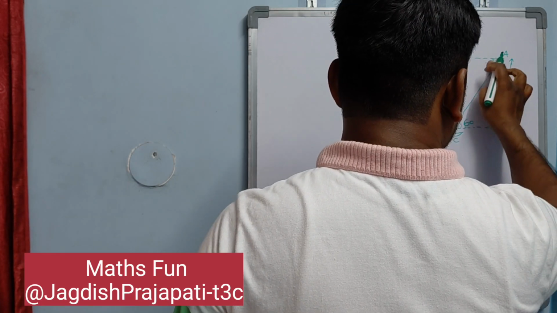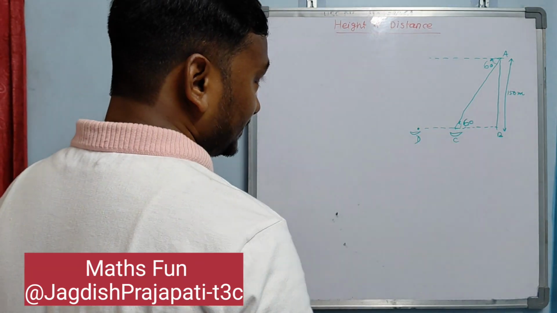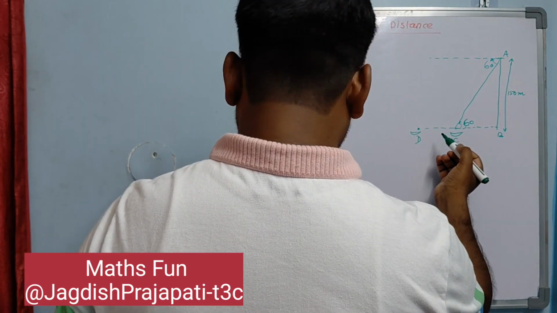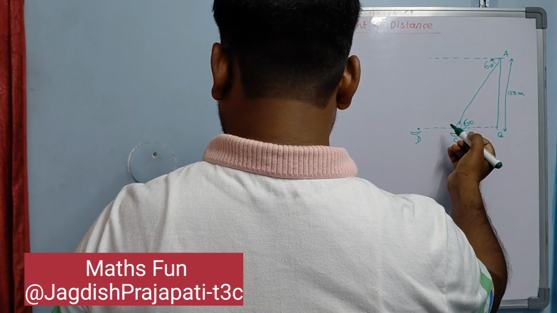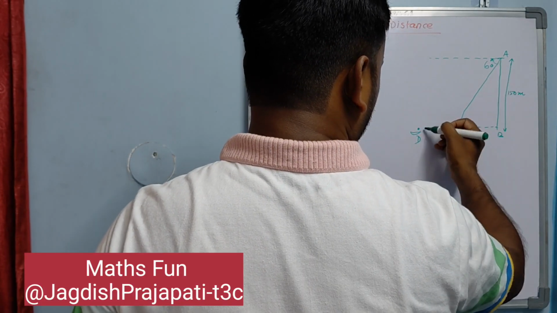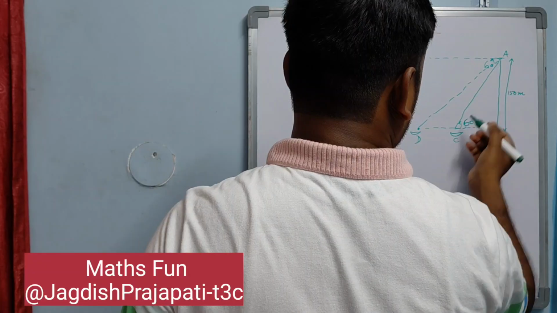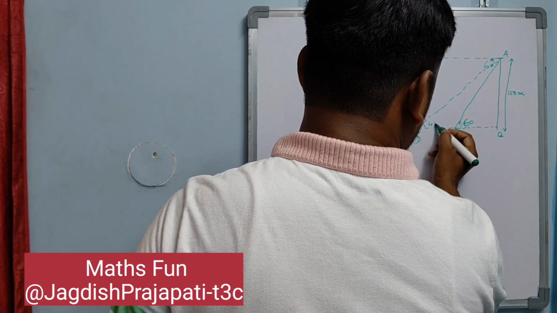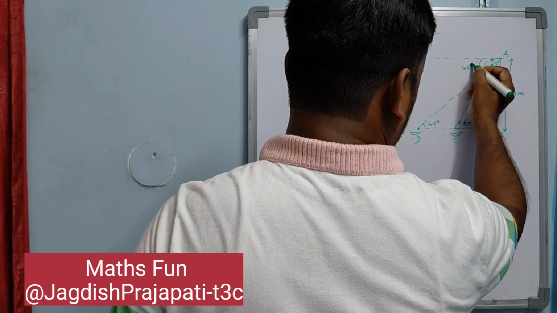The angle is getting decreased. This is 60 degree, and after movement by 2 minutes, this angle reduces to 45 degree. So now this becomes 45 degree, since only this part is 45 degree.